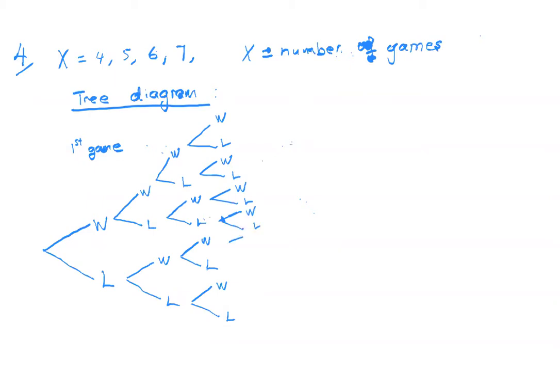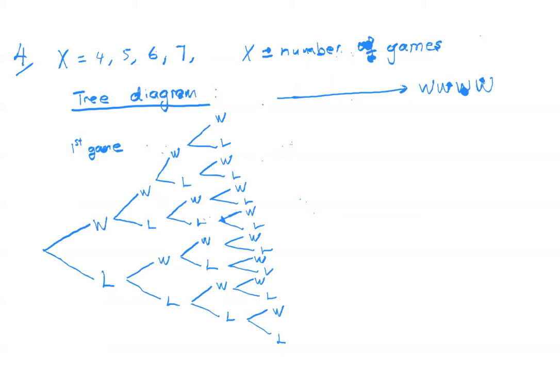These are called tree diagram. Okay, for this one, for the first branch, you stop because you win all the 4 games. So you stop, you only play 4 games.